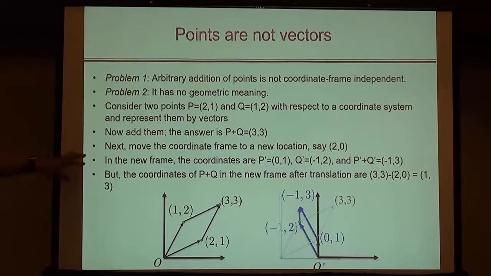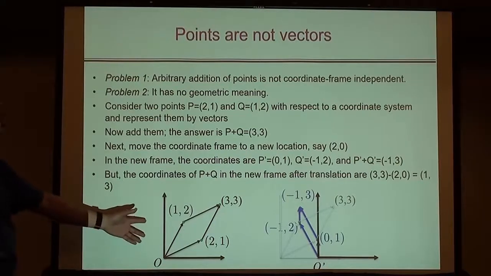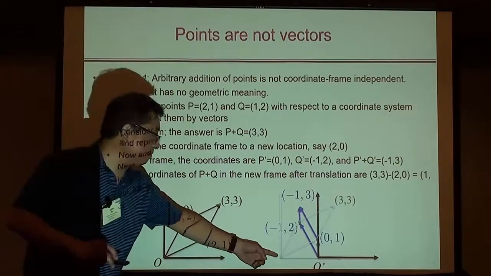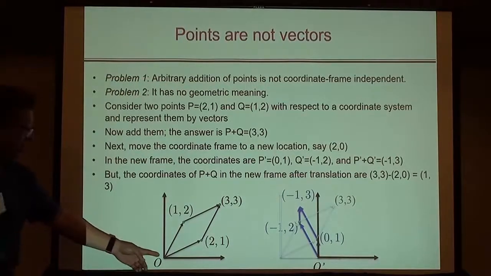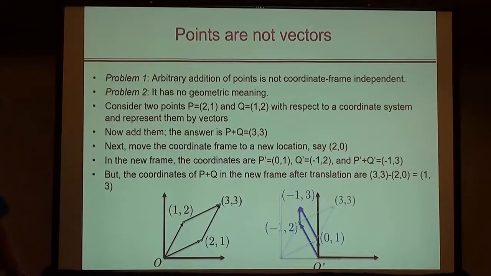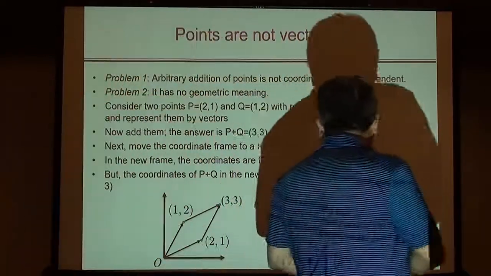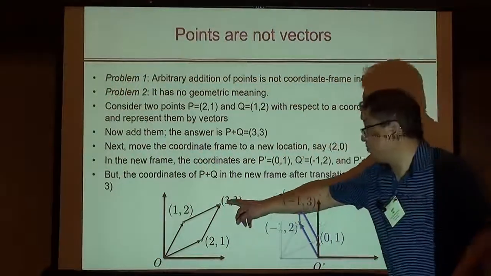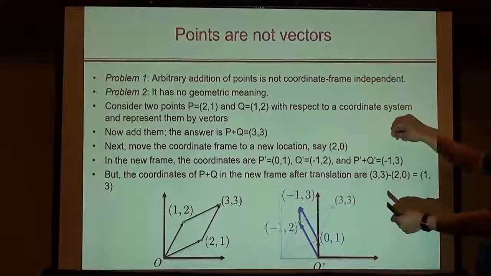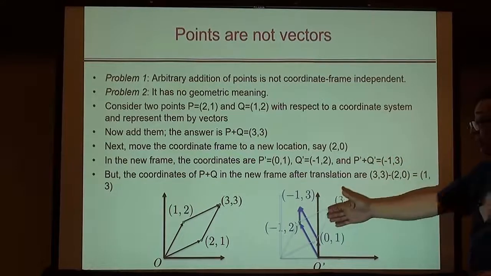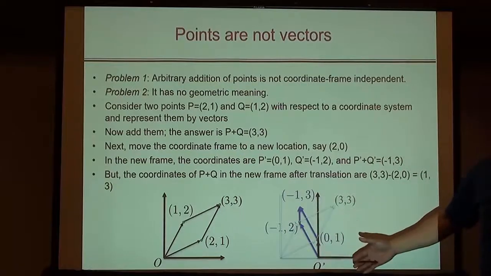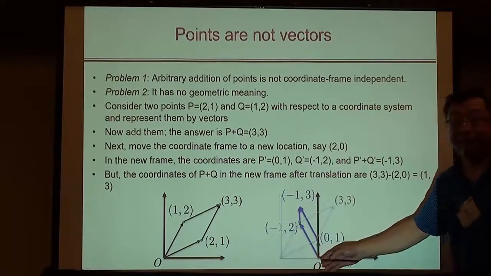Now let's say we move the coordinate system from here to a new location. After we have moved, the two points in the plane remain the same. All we have done is shift the coordinate system forward along the axis.